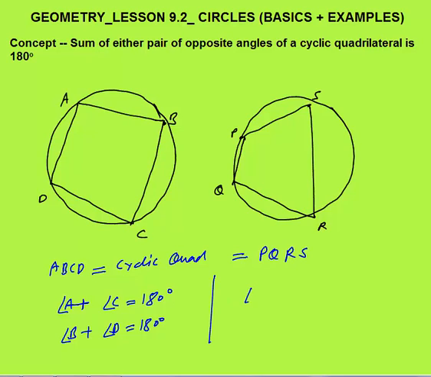Same way, in this quadrilateral P plus R will be 180 degrees and Q plus S will be 180 degrees. The sum of opposite angles is 180 degrees in a cyclic quadrilateral.